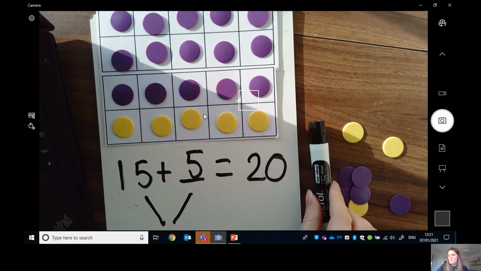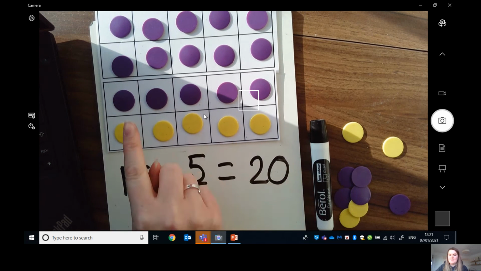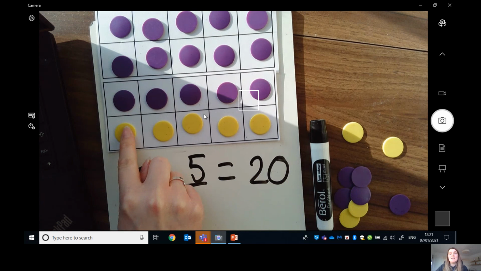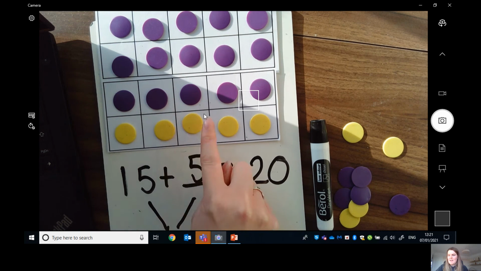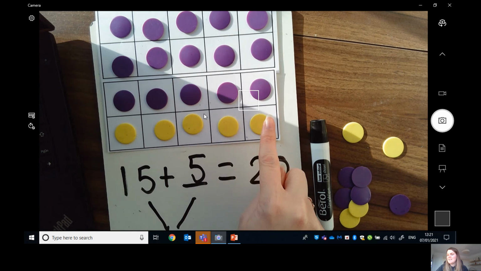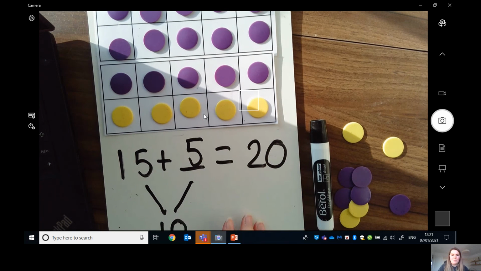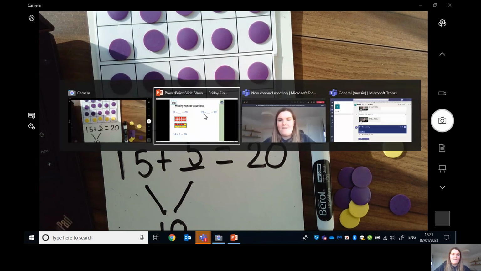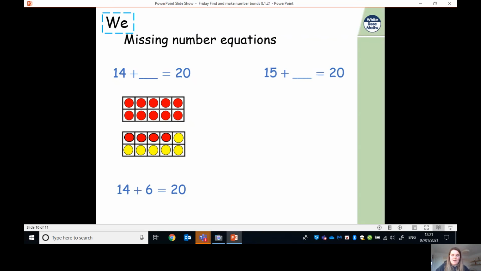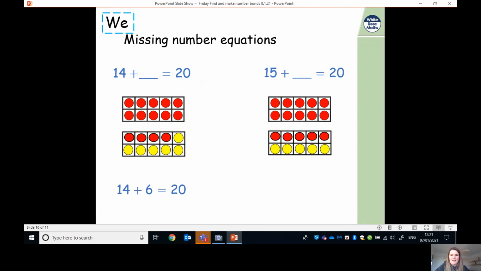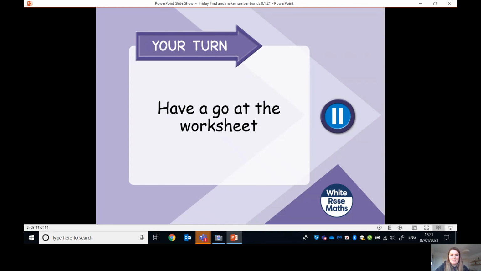And we can double check that it makes 20 by counting on, let's go, 16, 17, 18, 19, 20. Well done. The missing number was in fact 5. Amazing work, guys. 15 plus 5 equals 20.